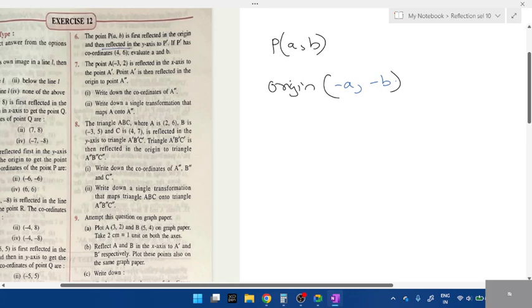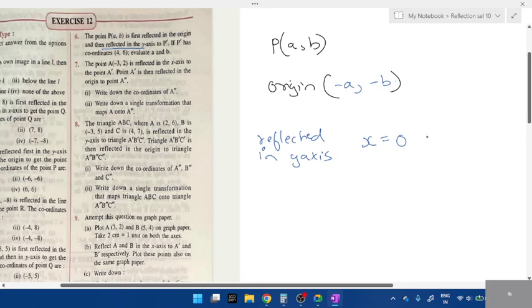And then reflected where? Reflected in which axis? Y axis. If it's reflected in y axis, x is equal to 0. Then which sign will change, students?